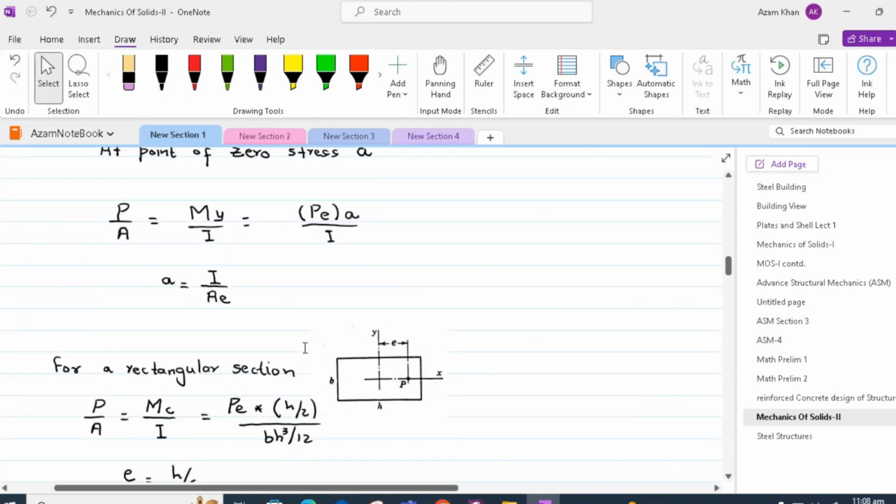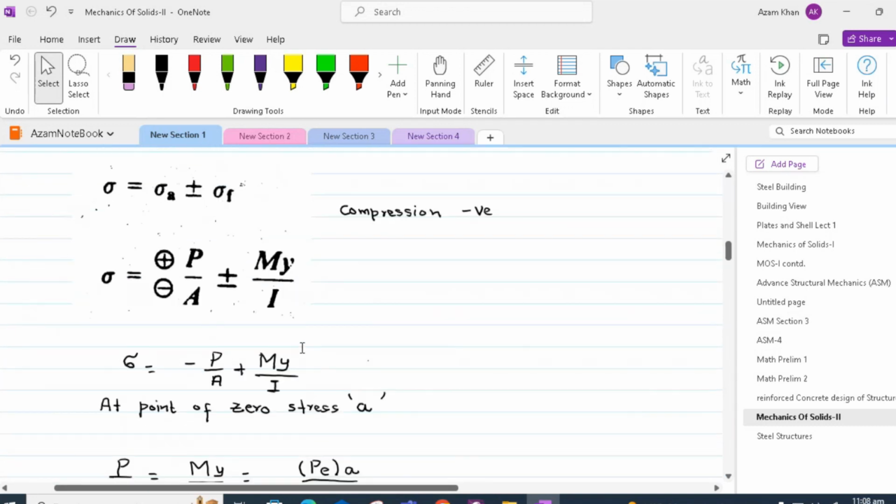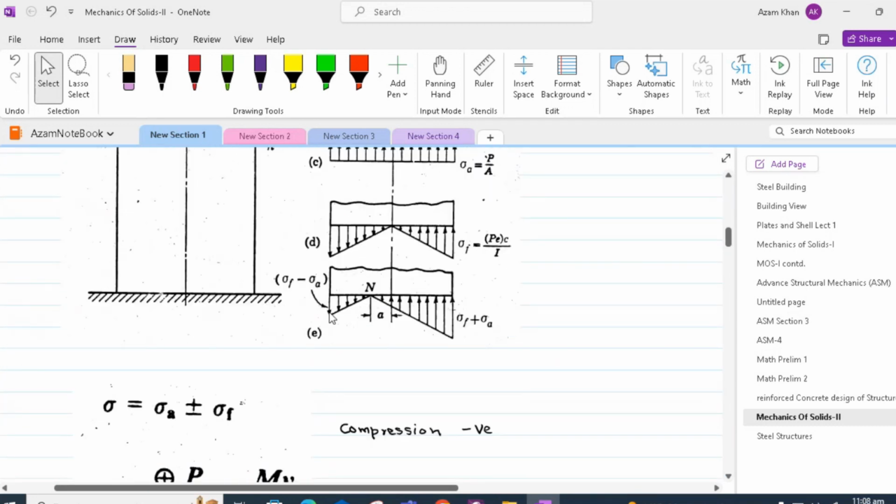It is evident that there will be no tensile stresses anywhere over the cross-section if the direct compressive stress equals or exceeds the maximum flexure stress.